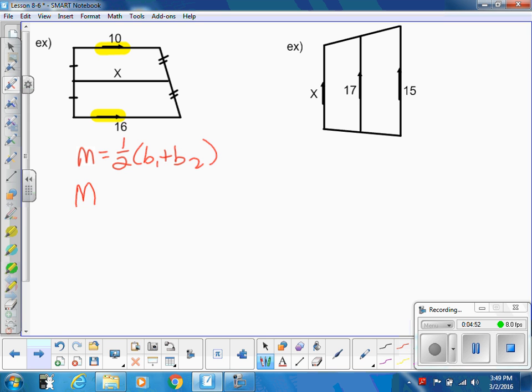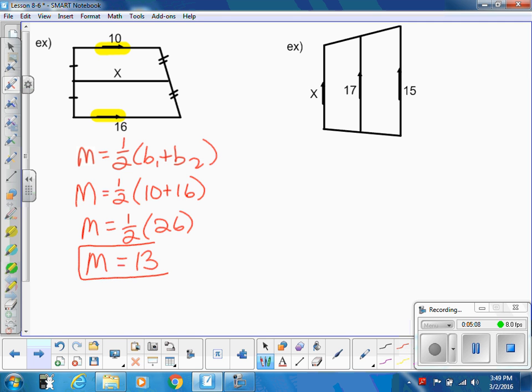So I can say the midsegment is 1/2 of 10 plus 16. So that's 1/2 of 26, which gives me a midsegment with the length of 13. Okay?